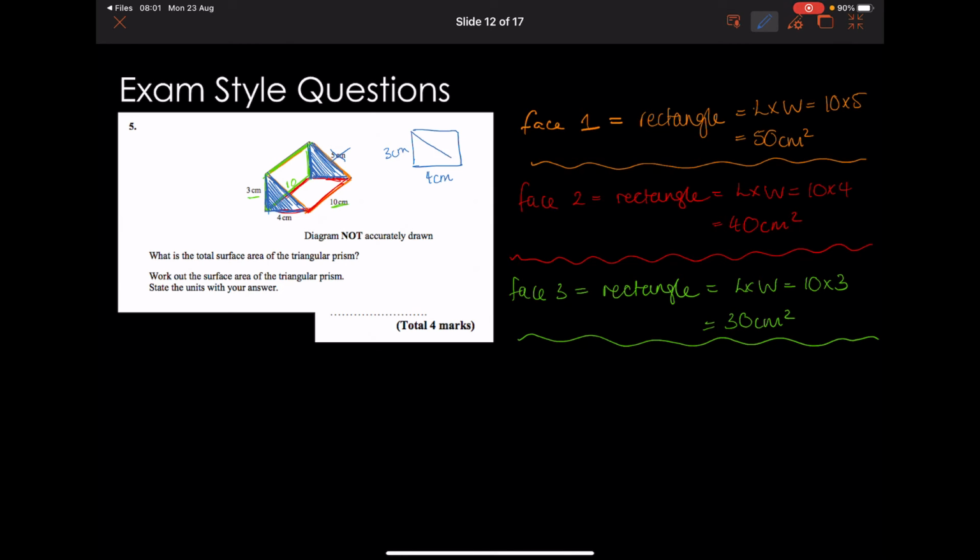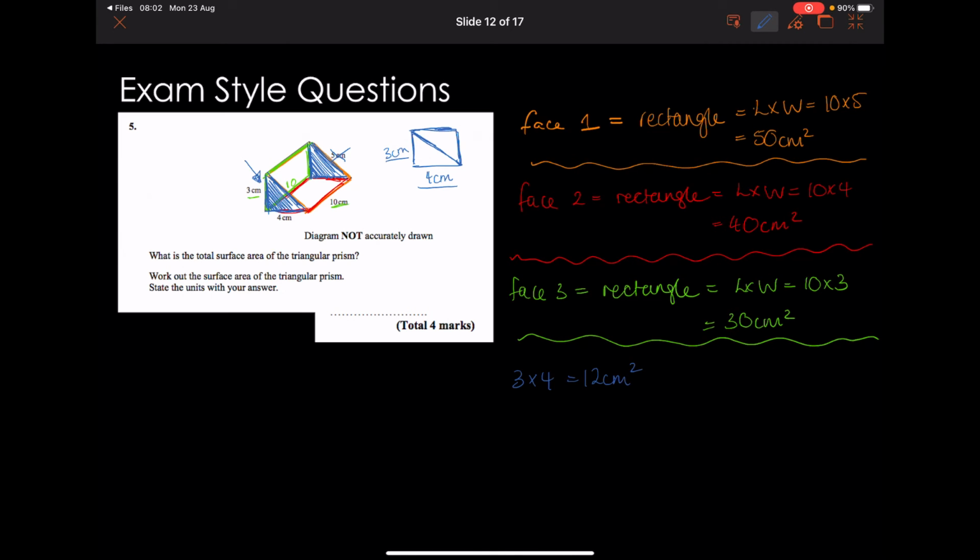If I show you, I've drawn this triangle, then this other triangle fits nicely on top of it. Normally for a triangle we'd do base times height and halve it, which gives us half of the rectangle. But this time we don't have to do that because we've got 2 of them. We can just do 3 times 4, which is 12 centimeters squared.